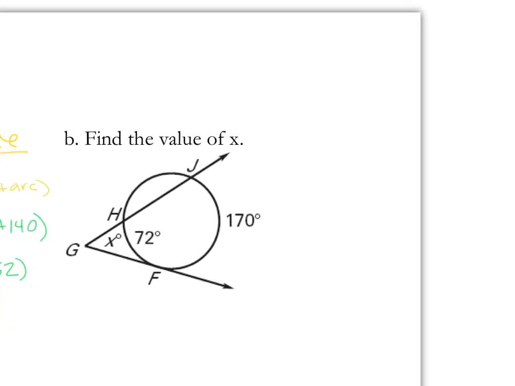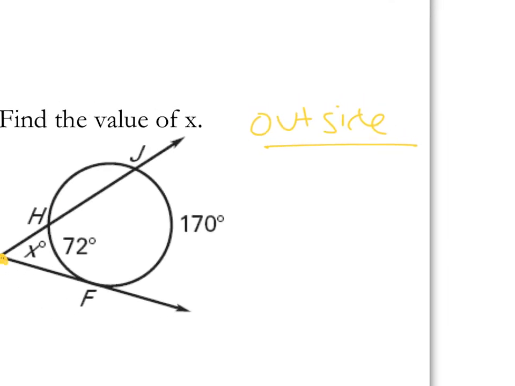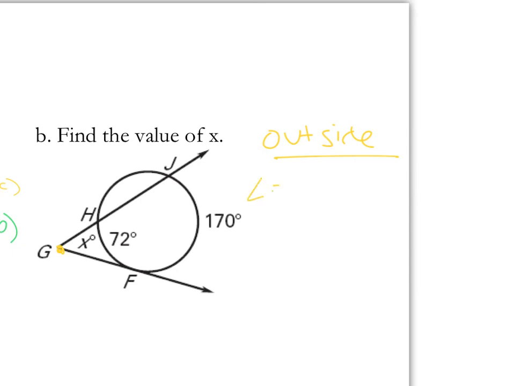Alright, next one. My vertex is outside. So I know that I start with my angle equals 1/2, and this is going to be arc minus arc. So I start with x, because that is my angle, equals 1/2. My bigger arc is 170.